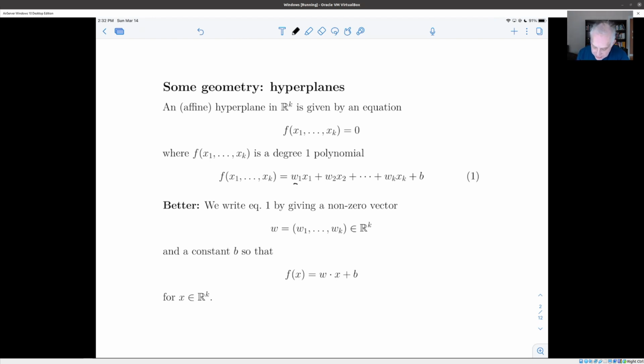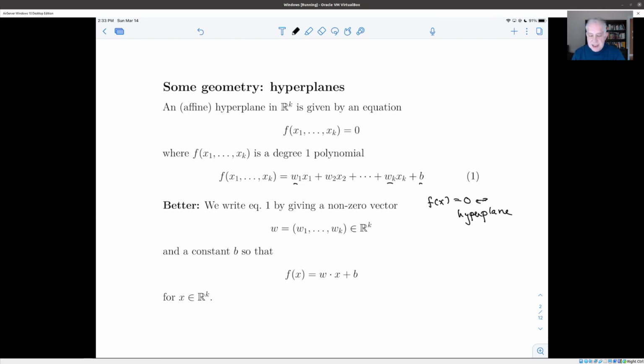So you have k coefficients, w1 up to wk, and a constant b, and you set f of x1 up to xk to be w1 x1 plus w2 x2 and so on, plus wk xk plus b, and you set that equal to 0. f of x equals 0 is your affine hyperplane. It's called affine because it doesn't necessarily pass through the origin. In linear algebra, you often think about hyperplanes that pass through the origin. The effect of the b is to shift the hyperplane so that it doesn't necessarily pass through the origin.